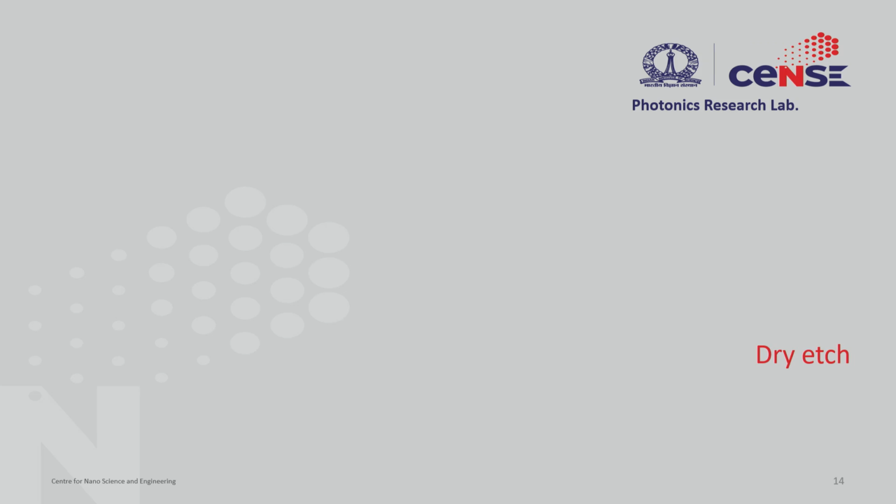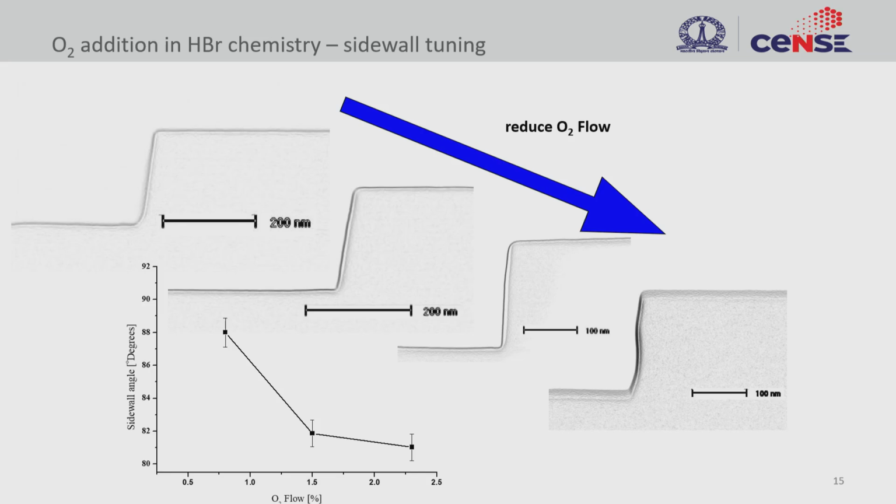And once we pattern the device, next thing is to etch, in particular dry etch this device. And this is something very important. I would like to highlight the chemistry that we use is a very important factor. Here we use oxygen and HBr chemistry in order to make the silicon etch. So what you see is silicon.